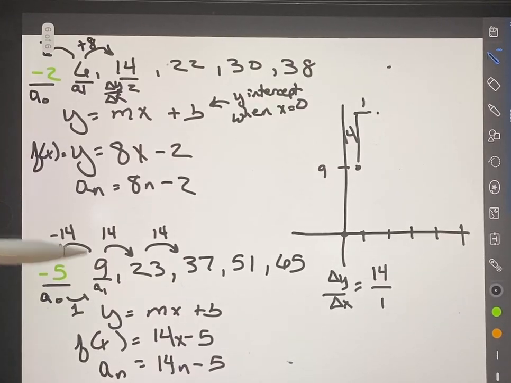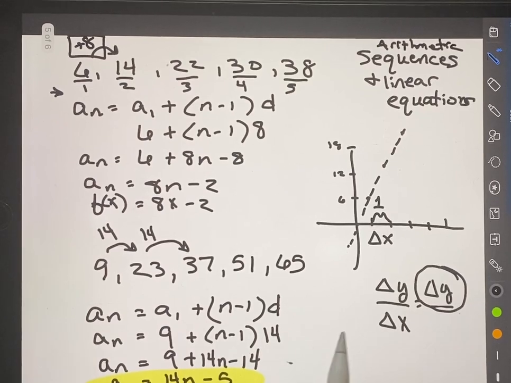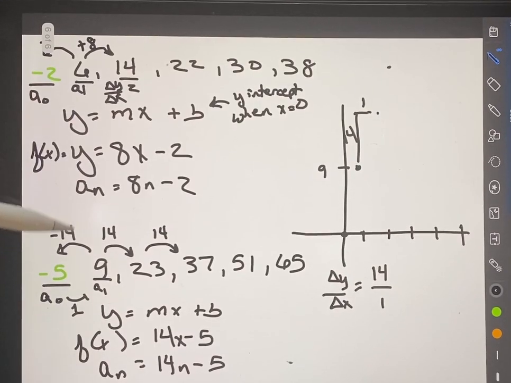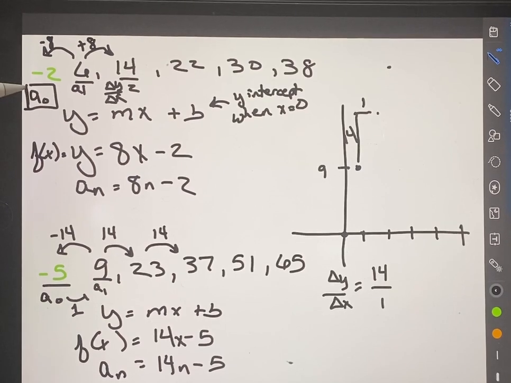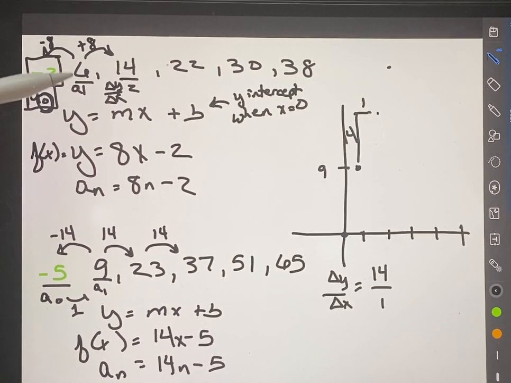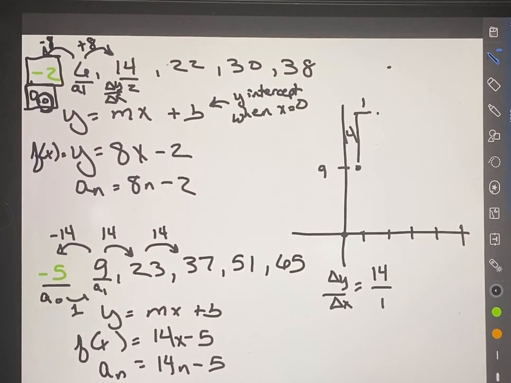So we are able to see that by using our sequence equation to find our generic, it is the same as backing up, finding our y-intercept, our x equals 0, a sub 0 location, plus your slope times each term value that you get.